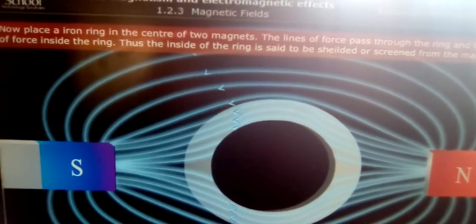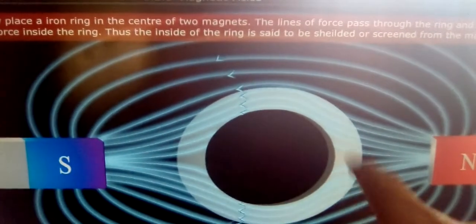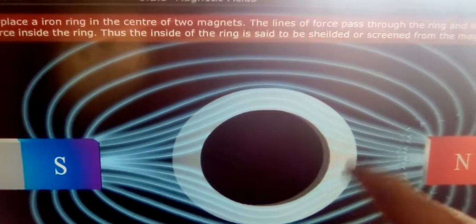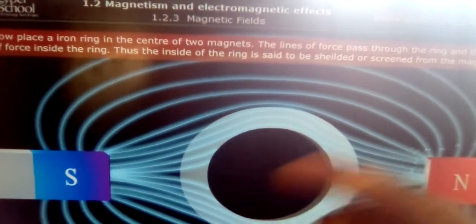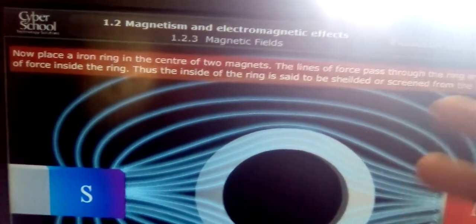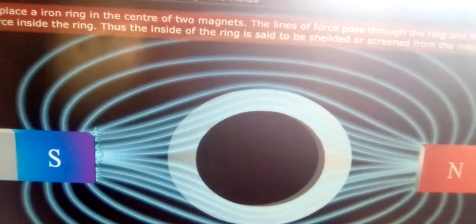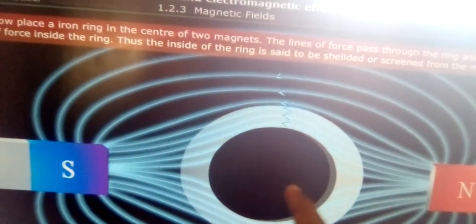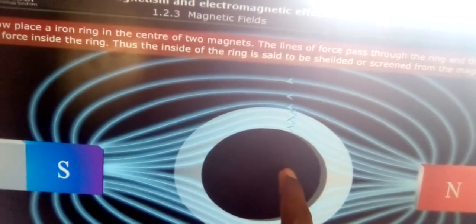You see, it is trying to prevent them. So in this region where we have placed our magnetic material, there are no fields that will run through that point, so we can keep there a material that we don't want to be affected by magnetism. So in this region, there is no force of magnetism.